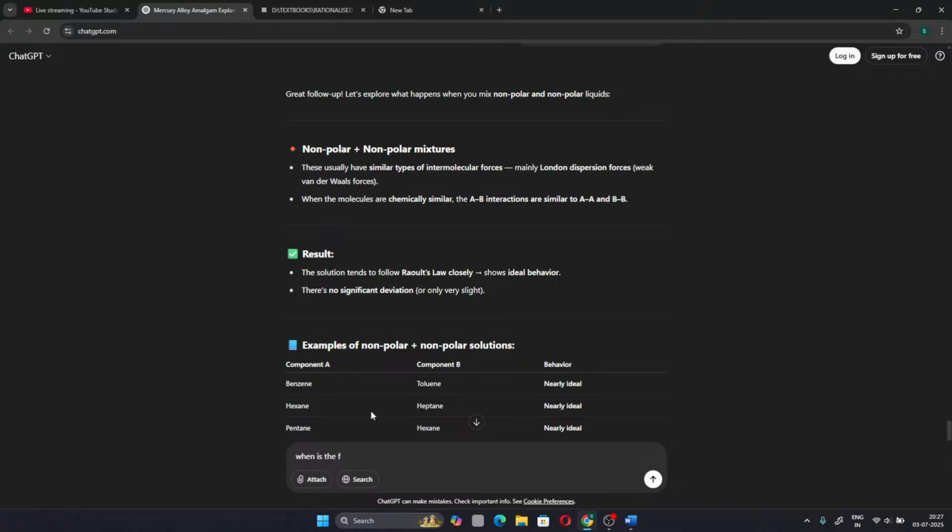Is fractional distillation preferred? It depends on the difference in boiling point.